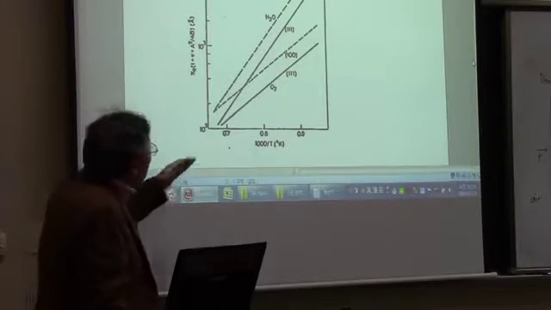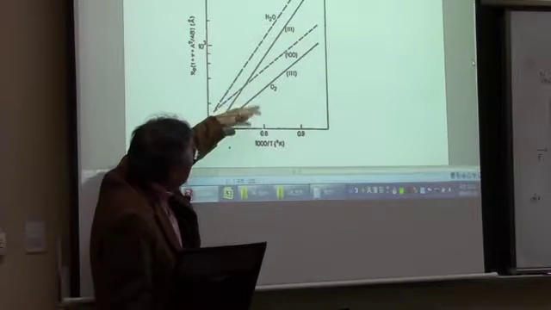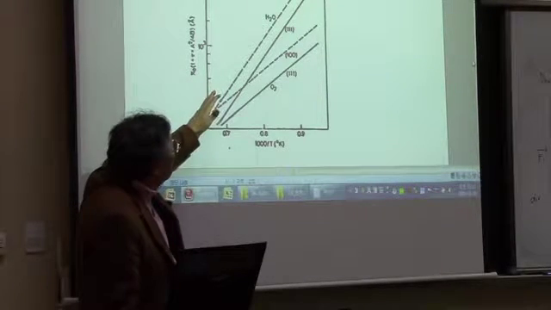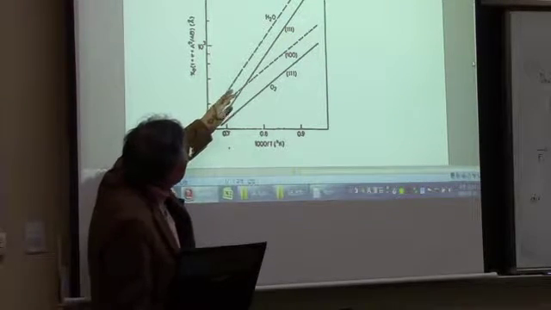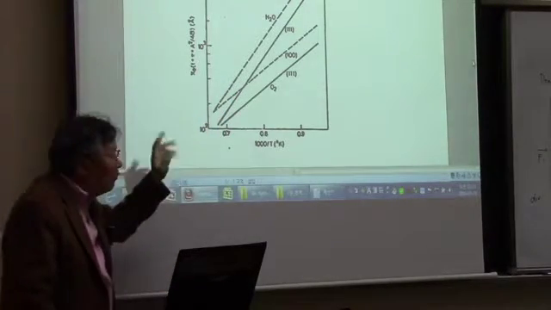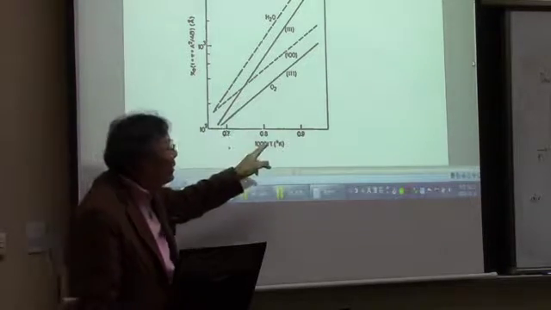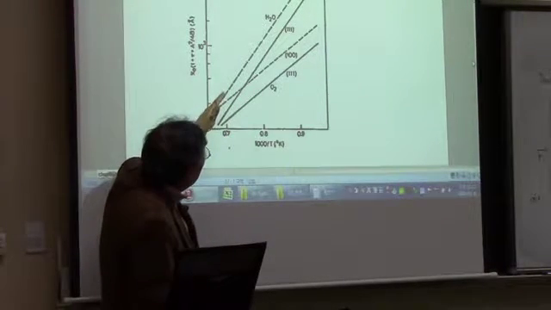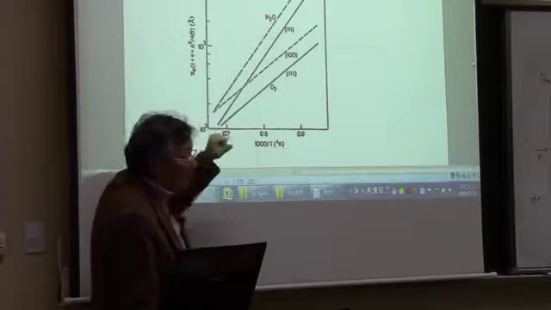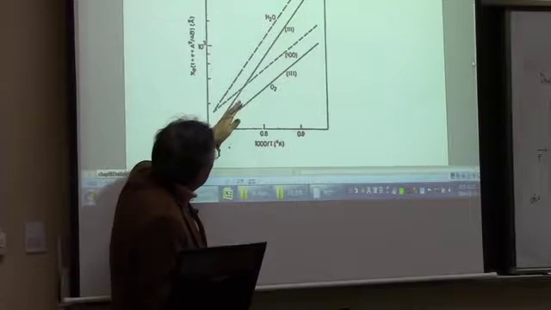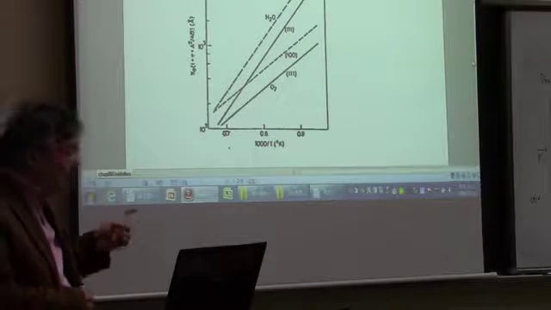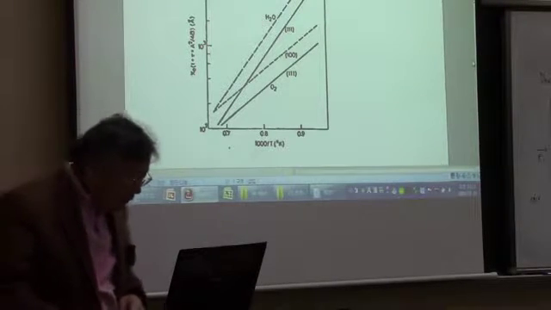But in any case, we have a higher value of the linear rate constant, B over A, along the 100 crystallographic direction compared to that of the 111 crystallographic direction.